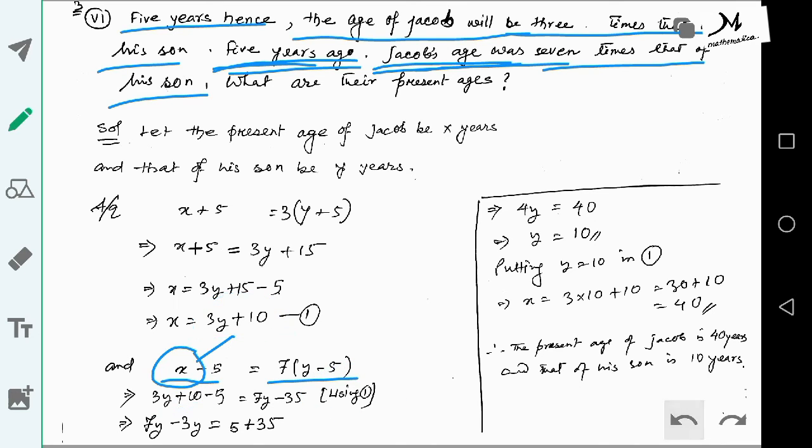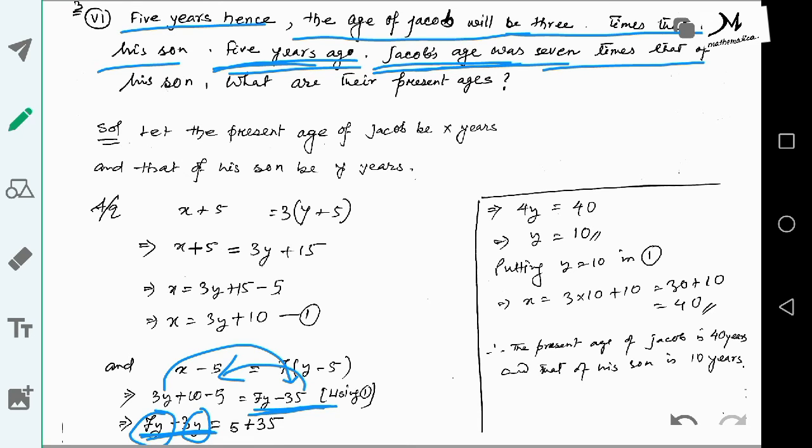Now from here you can see thrice y is transferred to the other side, so on the other side we got 7y minus thrice y. And this minus 35 is transferred to that side, which becomes plus 35, and here 10 minus 5 is 5.